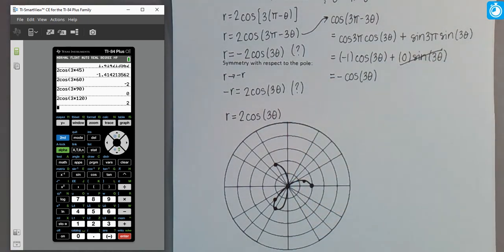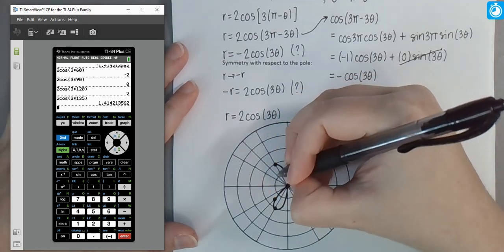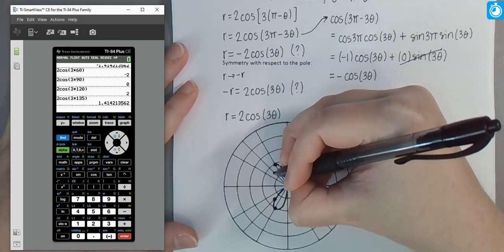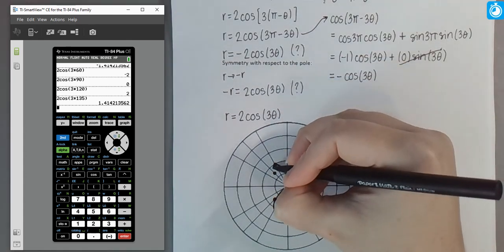Okay, next angle, 135. So 2 times the cosine of 3 times 135 is about 1.4, we see that repeated value. So at 135, we're at about 1.5. So we continue to rotate.